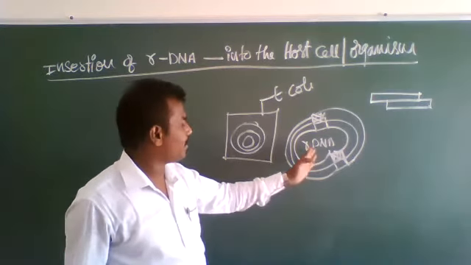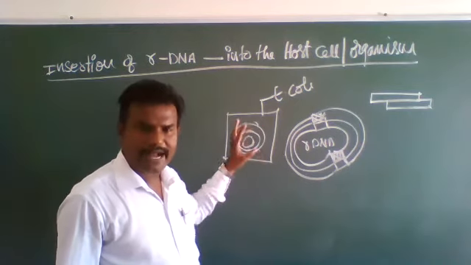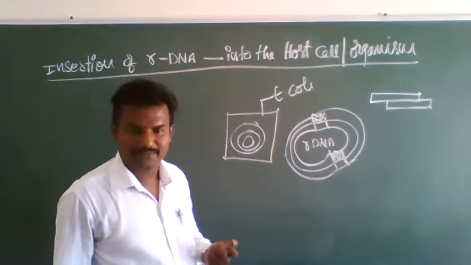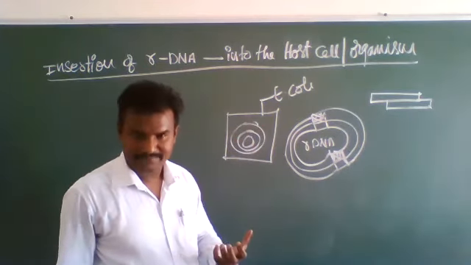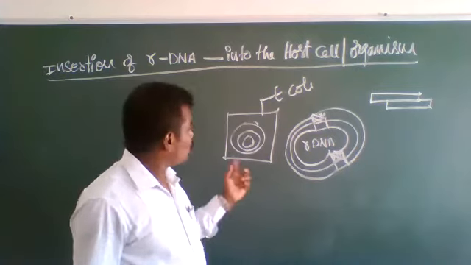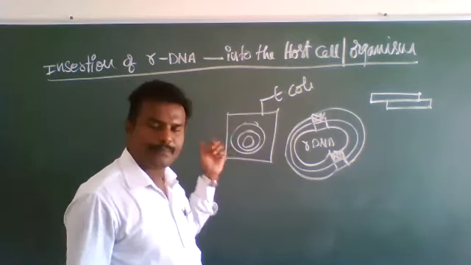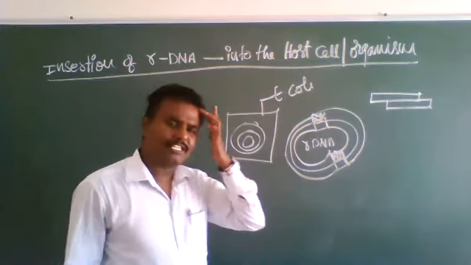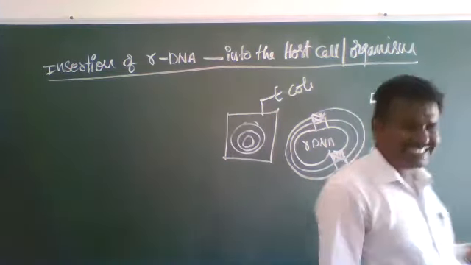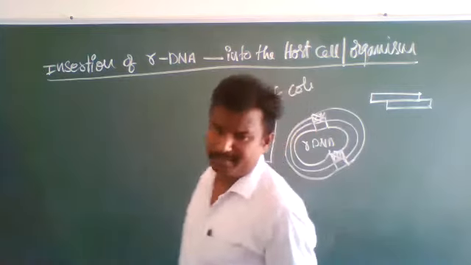For transferring recombinant DNA to the bacteria, first we have to make it ready. We have to make it competent to take up the DNA. To make the bacteria ready, we have already discussed some steps, that is the indirect method or direct method.